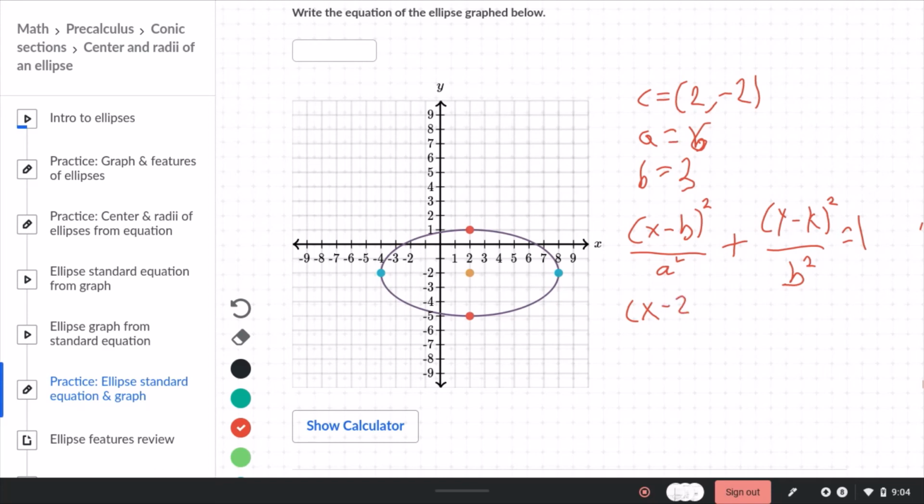So it will be negative 2 squared over a squared. So 6 multiplied by 6, which is 36, plus y, and we swap the sign. It's negative, so it will become positive. Squared over b squared. 3 multiplied by 3, which is 9, equals 1. Here we have our answer.